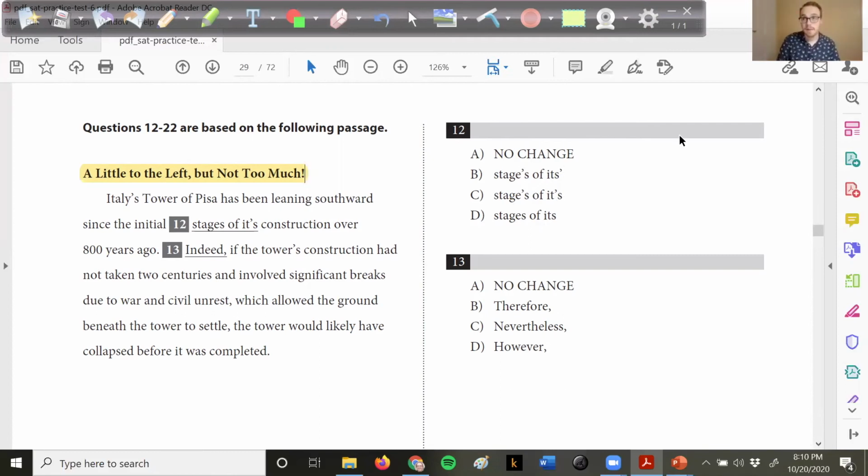Well, what are we being tested on? Shouldn't be too hard to figure it out. We're being tested on punctuation, specifically on apostrophes.